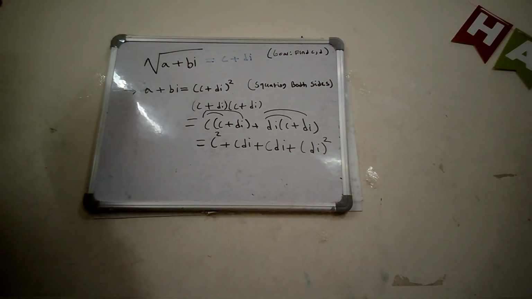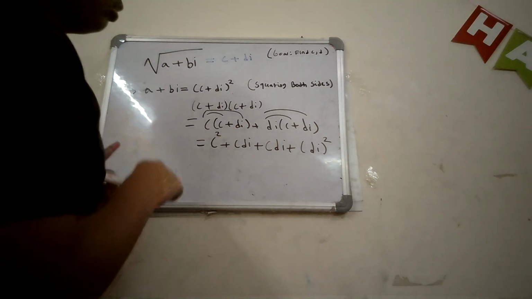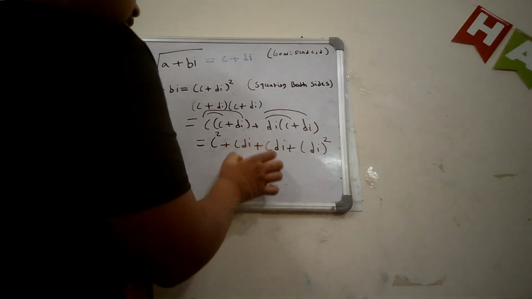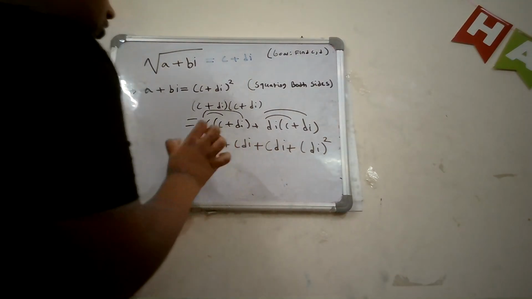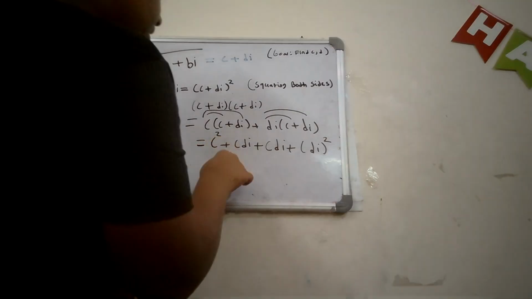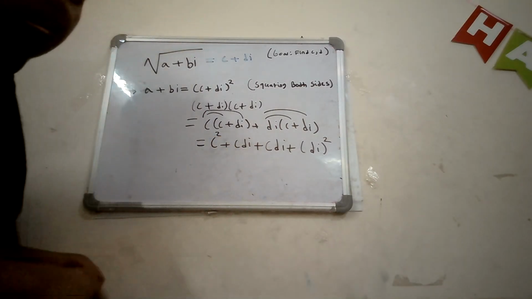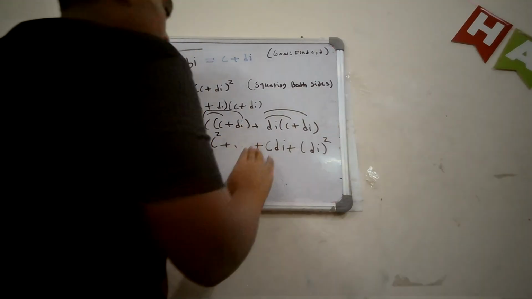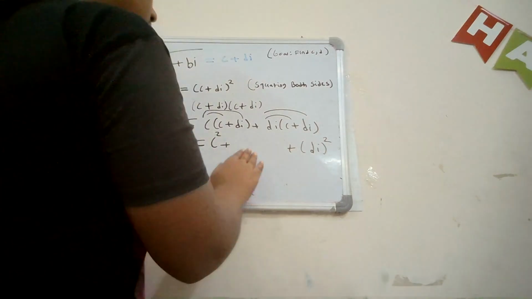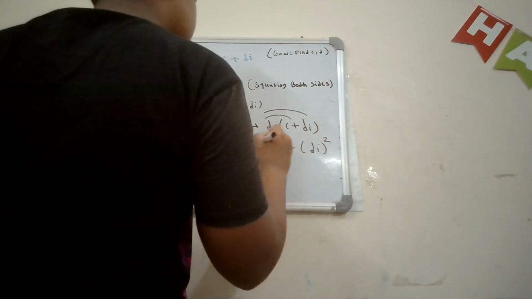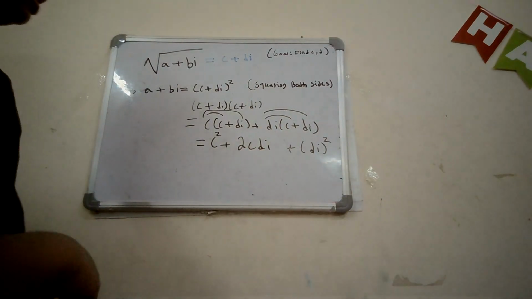Okay, so look, after we're done distributing, what's left is to simplify this. We can write this as 1 c di plus 1 c di is 2 c di. So let's write this as 2 c di. Great. Now you just have to simplify this.